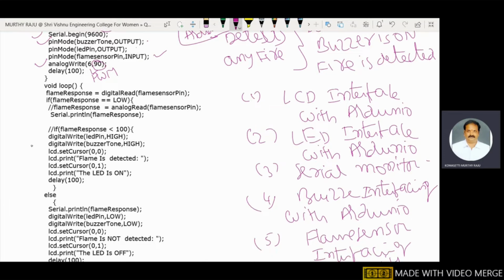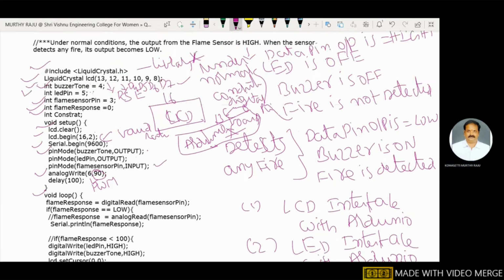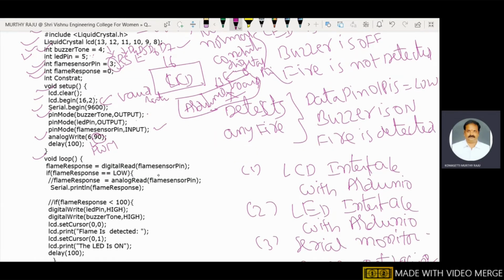Next step is the void loop. Flame response. Here we use a digital pin. For integer, the flame sensor pin is 3. This is a digital pin of the Arduino board. That is the reason we use digital read. Digital read flame sensor pin, that is the flame response.